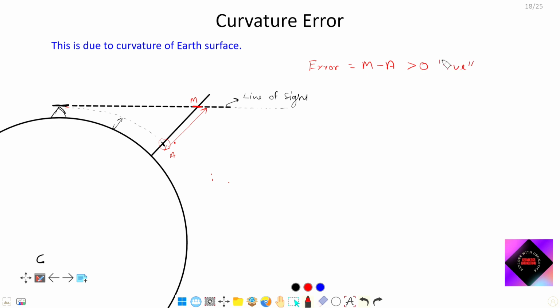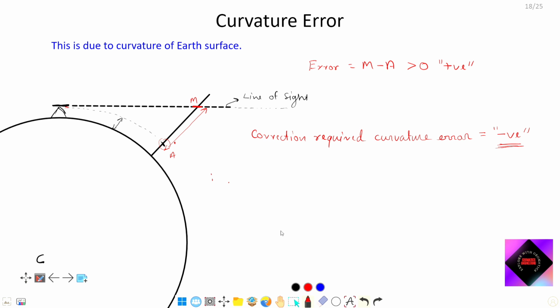So the correction required for curvature error needs to be negative always. Whatever reading you take, you will subtract the curvature correction from it.